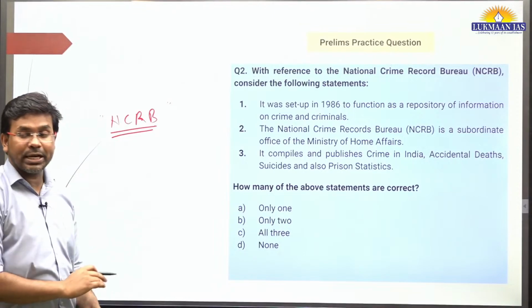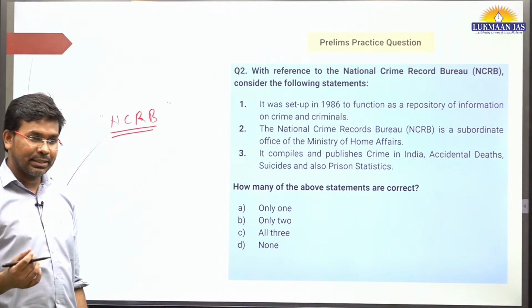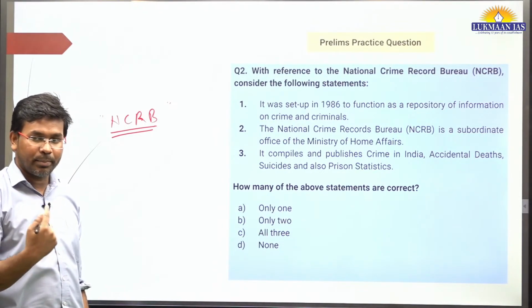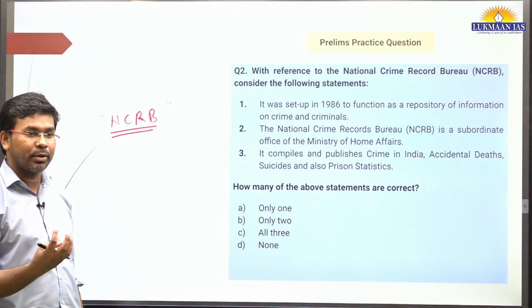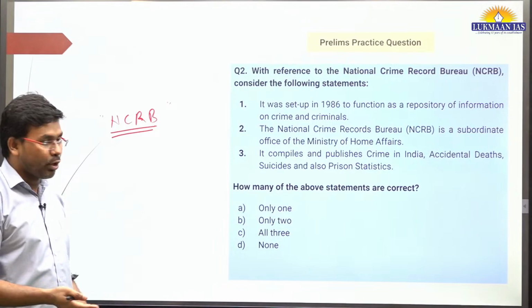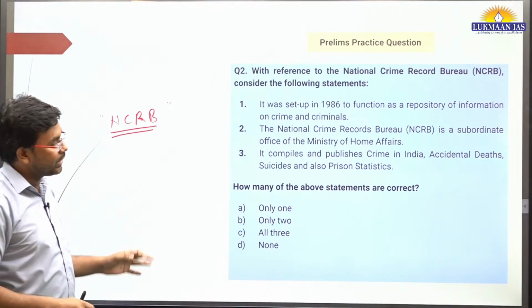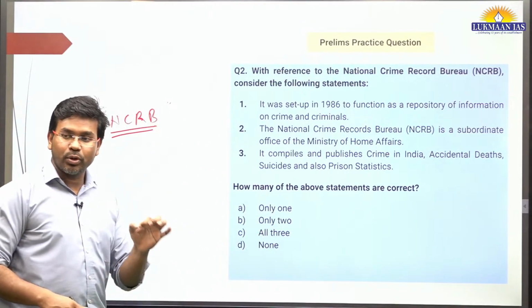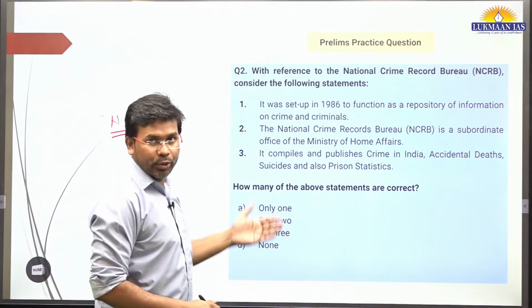It is in the news once in a while because it talks about the number of rape cases, suicides, judicial killings, extrajudicial killings, and the report related to crime in India, including all the states. The National Crime Records Bureau comes under the Ministry of Home Affairs. So we have a question related to this.